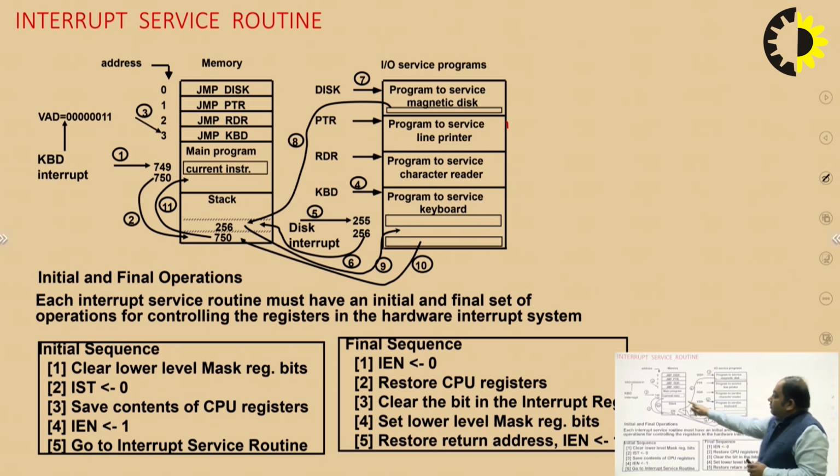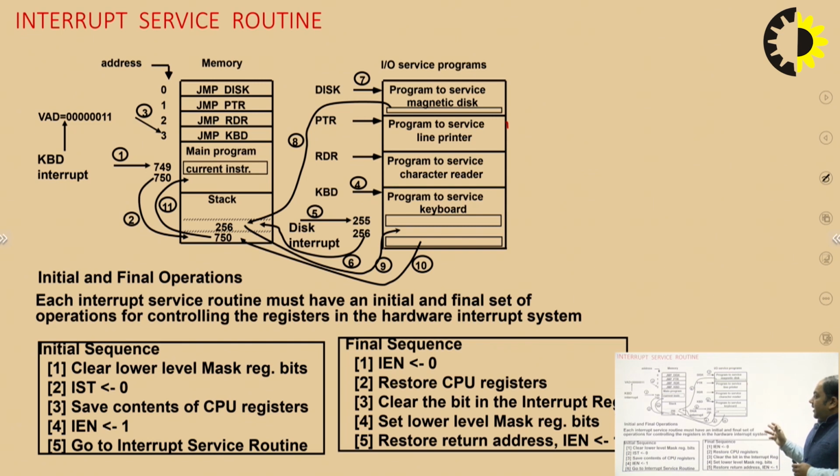First, the keyboard interrupt enters when the current instruction is at 750. Then address 750 is saved through the keyboard. Then we acknowledge the program to service the keyboard. From service keyboard, it goes to the disk. After the disk, it comes again to the input output service program, from where it gets the information on which disk we are servicing.